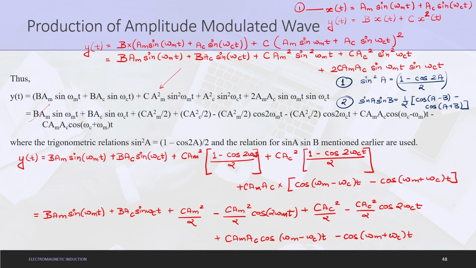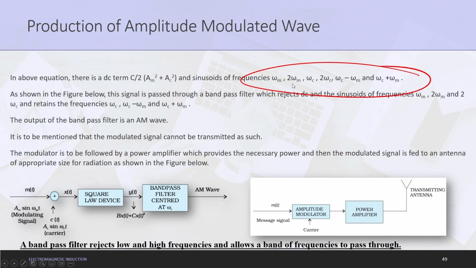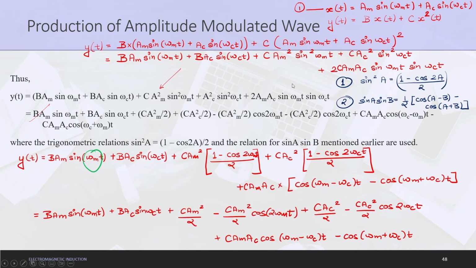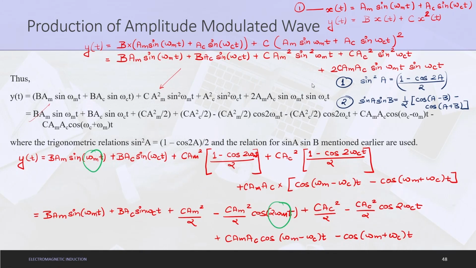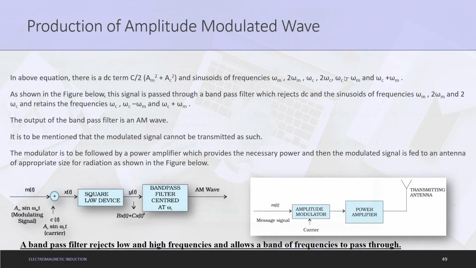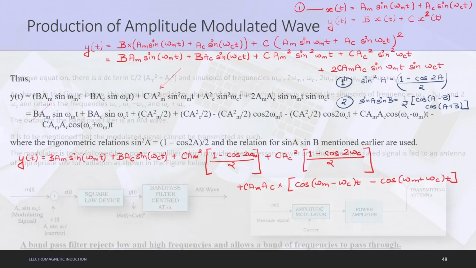You can find, let me change the color, a sinusoid of frequency omega m, then a sinusoid of frequency 2 omega m. Where is 2 omega m? Here it is. Then next is omega c, there is an omega c here, then next is 2 omega c, written here again.